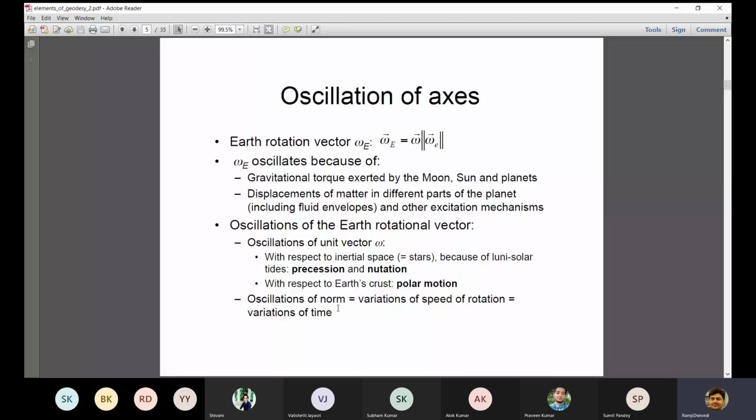The oscillation of the unit vector omega with respect to inertial space, because of lunisolar tides, is precession and nutation; with respect to the Earth's crust, it is polar motion; and oscillation of the norm or magnitude, I mean the speed with which it is moving, if changed, will affect the time.